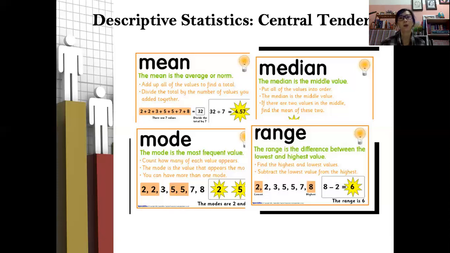What do we need to consider about median? Different from the calculation for mean, to calculate median, you need to put all the values into order. You have to sort the values from the smallest one to the biggest value, right?